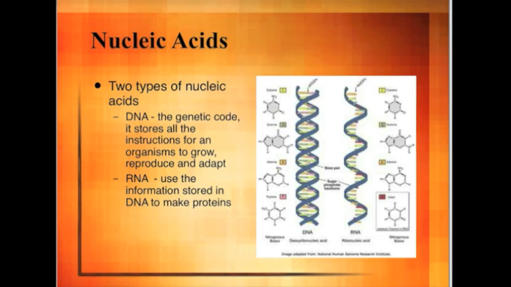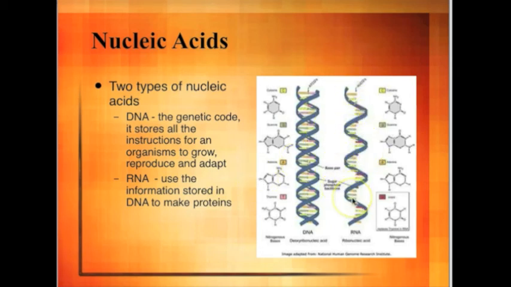So it controls how you grow, how you reproduce, how you adapt, how you think. All of those things are controlled by that DNA, all of your traits. RNA is a type of nucleic acid, and notice that it is single-stranded.